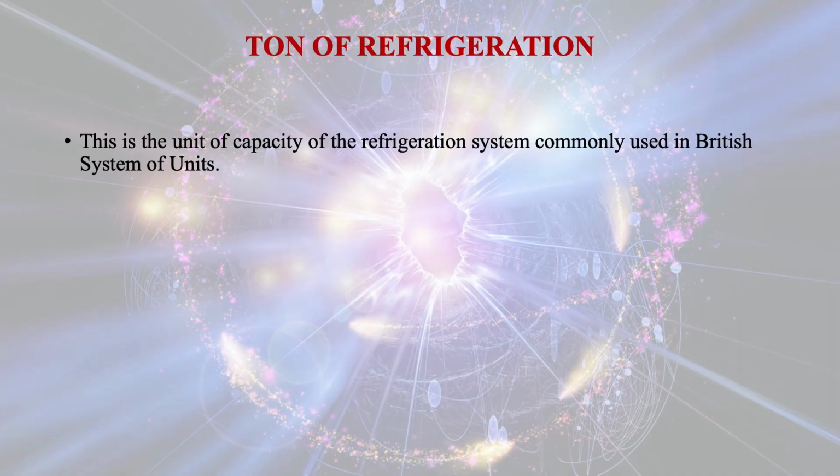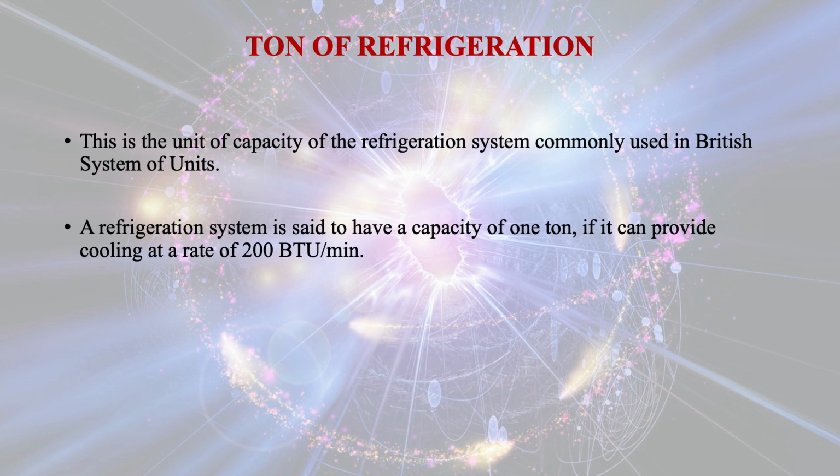Now let us talk about the ton of refrigeration. This is the unit of capacity of the refrigeration system commonly used in the British system of units. A refrigeration system is said to have a capacity of 1 ton if it can provide cooling at a rate of 200 BTU per minute.